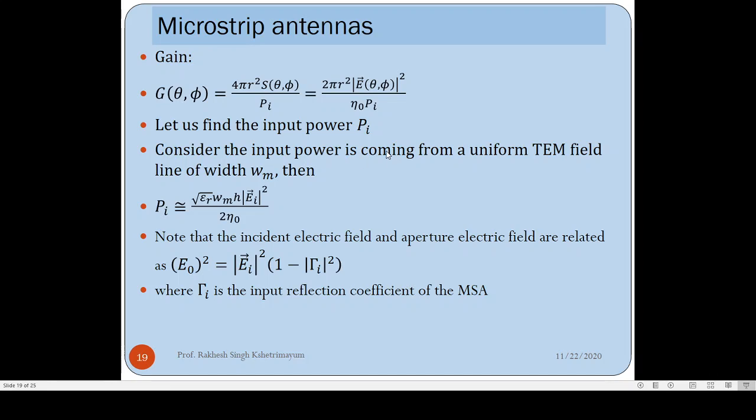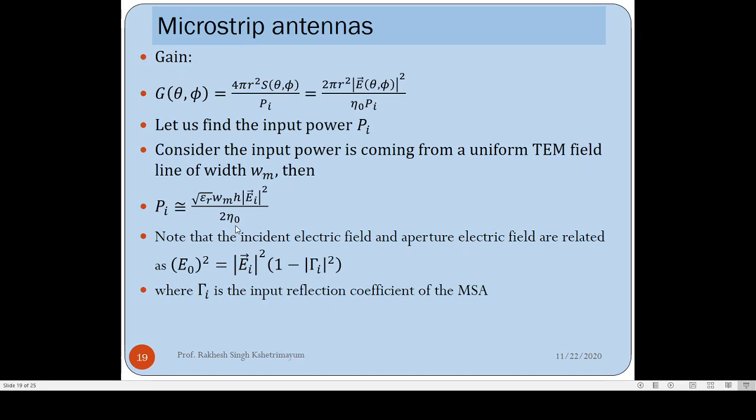Assume that the power is coming from a uniform transverse electromagnetic field in a line of width Wm. Wm is the width of the microstrip feed line, not the microstrip antenna. If you assume the width of the microstrip feed line is Wm, M for microstrip line, then the input power can be found as square root of epsilon r times Wm times h times Ei square divided by 2 eta naught.